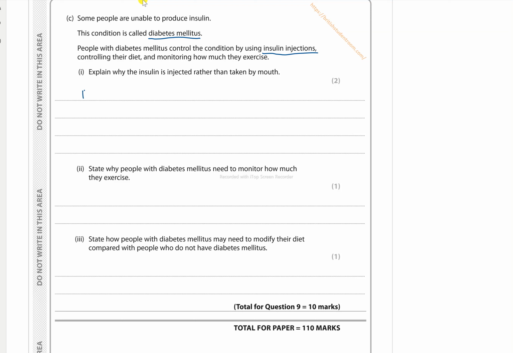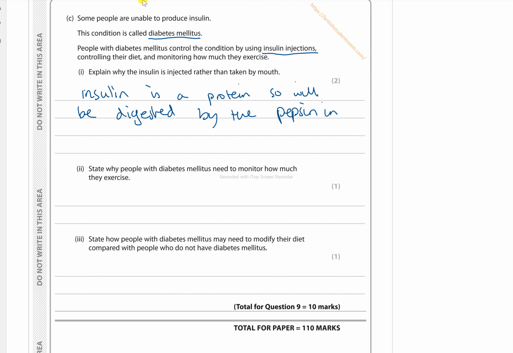Right, because, and it's interesting, the insulin is a protein, so it will be digested by the pepsin in the stomach. Okay.